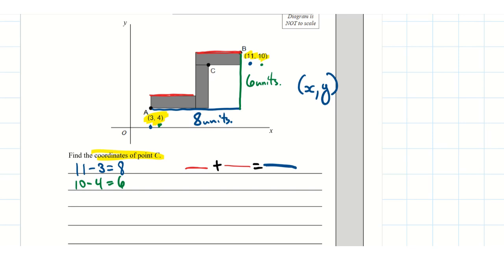So if something goes 8 units across, then my lengths must be 4. 4 plus 4 is equal to my 8 units. So the width of each of these rectangles is going to be 4 units.